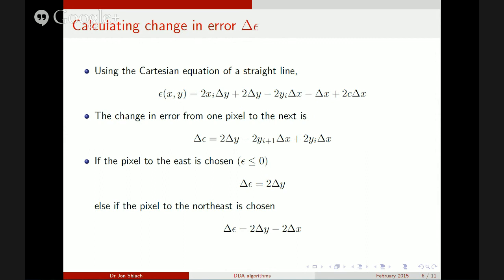All of those expressions only use delta y and delta x. By definition, delta y and delta x must be integers, because they're just the distance between 2 pixels, and pixels are all integers.